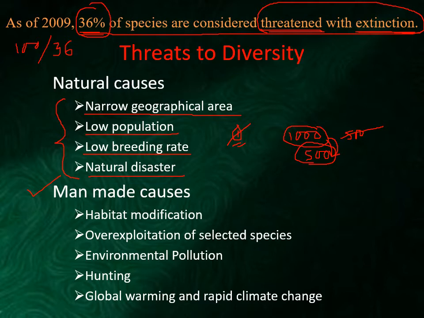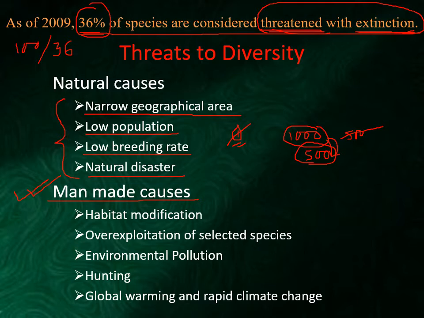Here in the second part, a single biological species out of all the living beings in the world is responsible for threatening or causing extinction of other species. So in this case, humans are responsible for the extinction of others.